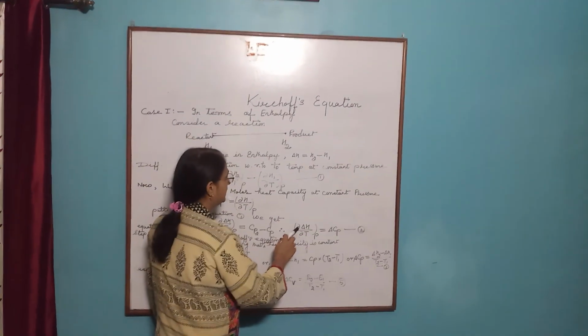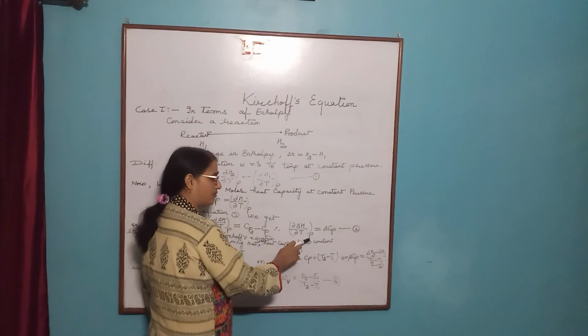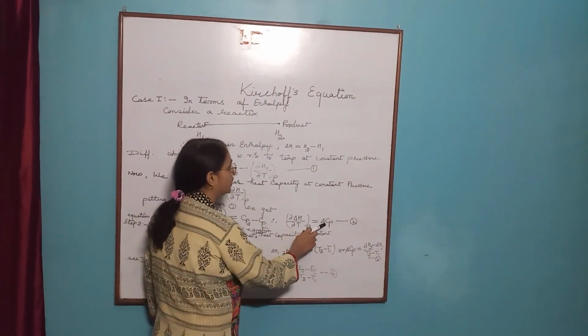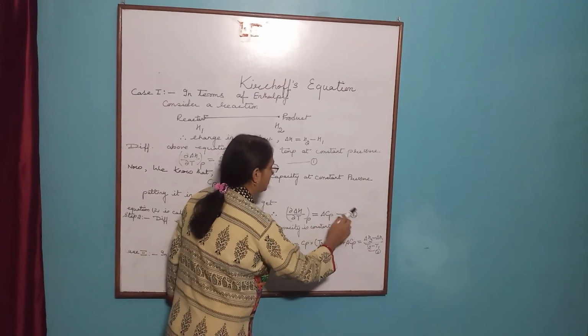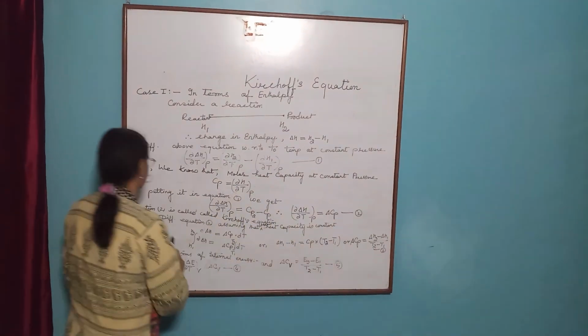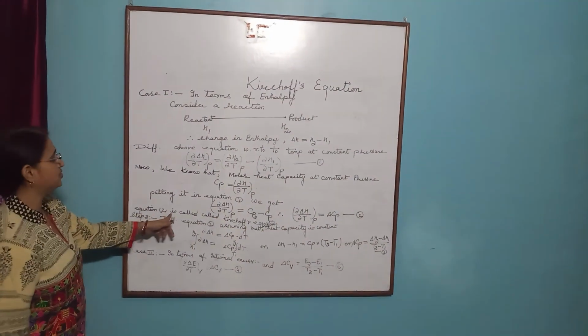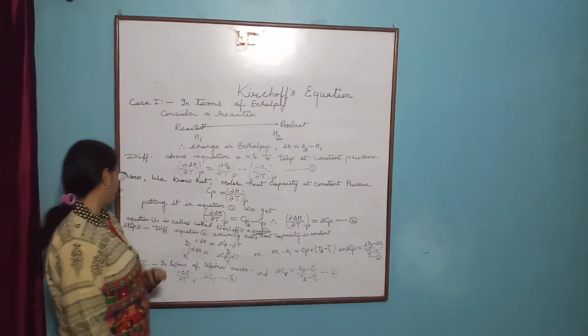Therefore, d(ΔH)/dT at constant pressure will be equal to ΔCp, equation 2. Now, equation 2 is called the Kirchhoff's equation.